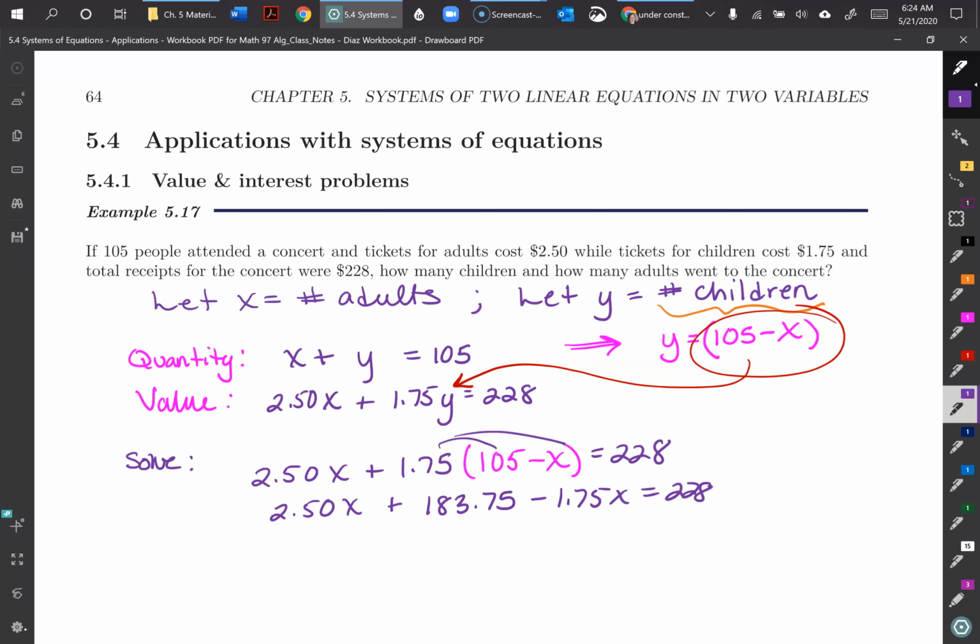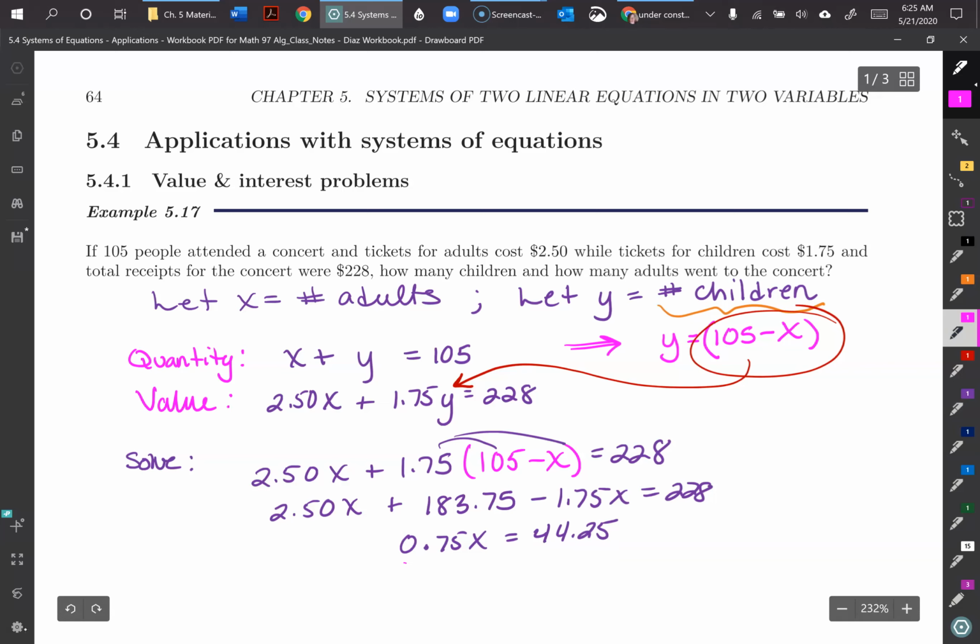Then I'm going to combine the 2.5 minus 1.75, which gives me 0.75x. Subtract 183.75 from both sides, and I get 44.25. So this process of math here, this algebraic stuff, should be very familiar.